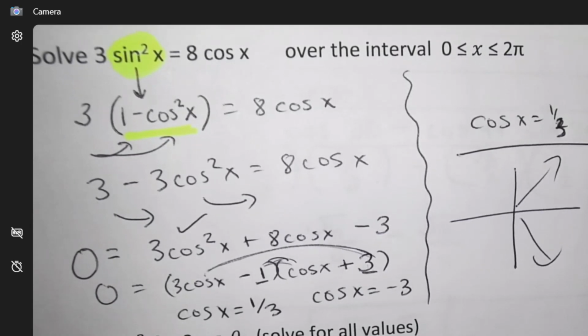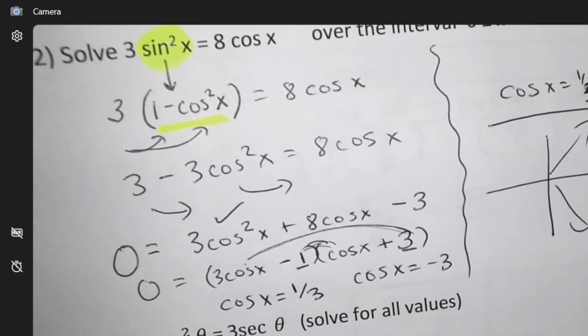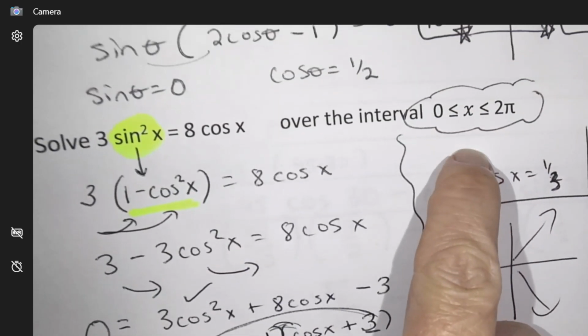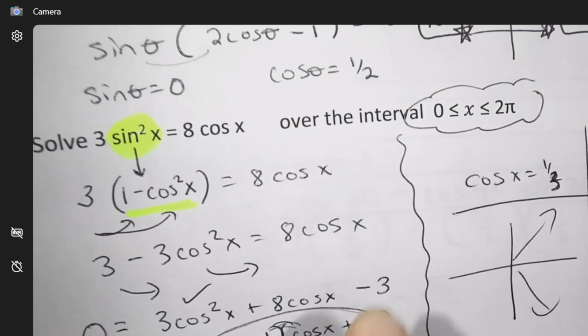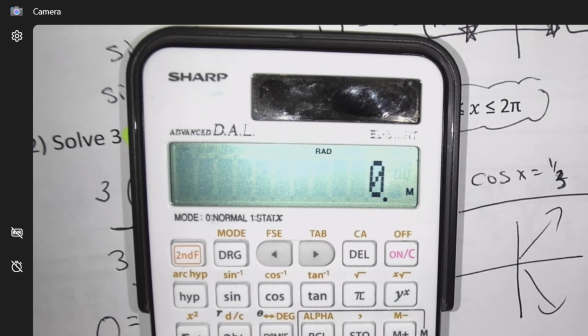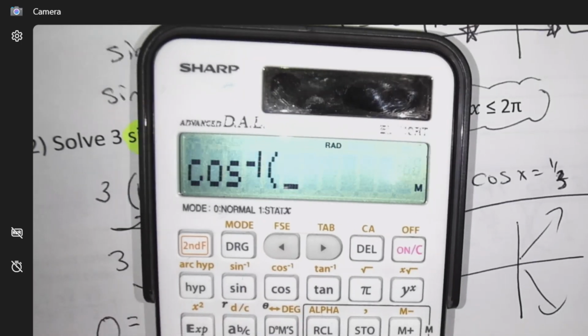Then I grab my calculator because I'm going to have to inverse stuff. Uh-oh. Calculator's not turning on. Do these things ever die? Okay, let's talk about this part of the question. Radians. So when I grab it, we have to be in radian mode. Radians, cos inverse a third.